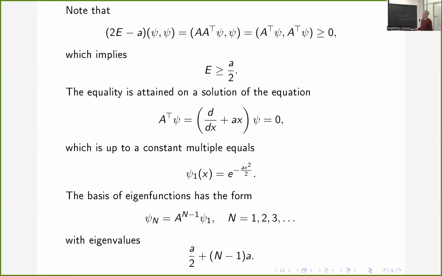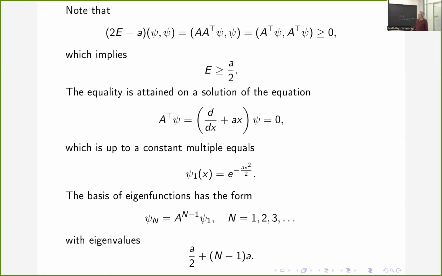So this implies that E has to be greater than or equal to a over 2. Assume that we have some E and we start to apply the annihilation operator, going down with eigenvalues. If at one moment E doesn't equal a over 2, we go below this level, and that's impossible due to this inequality. So at one moment it stops at a over 2.